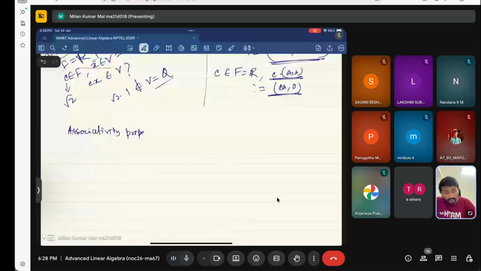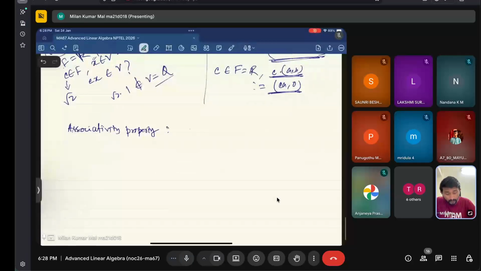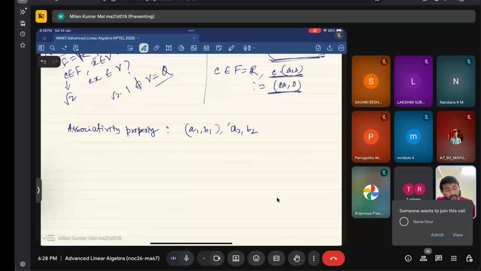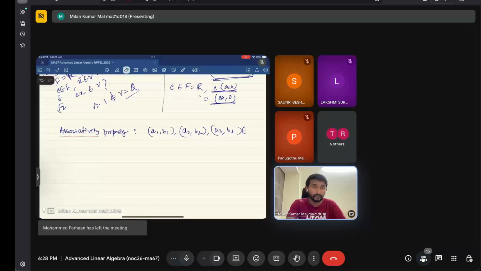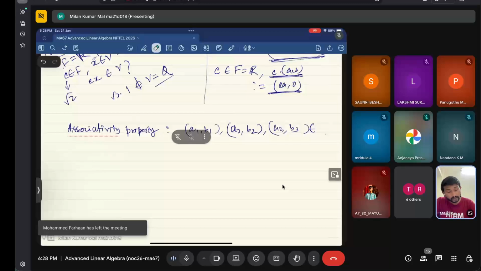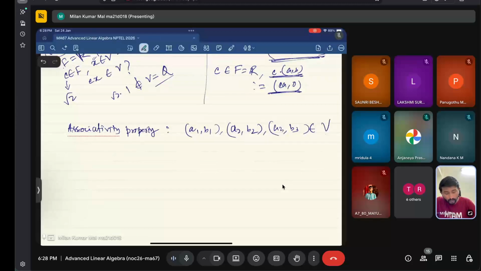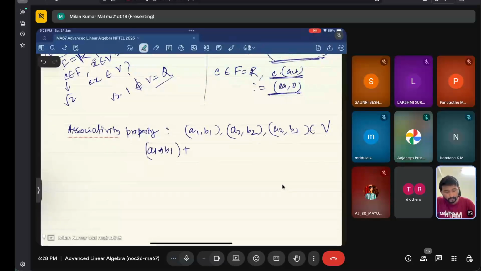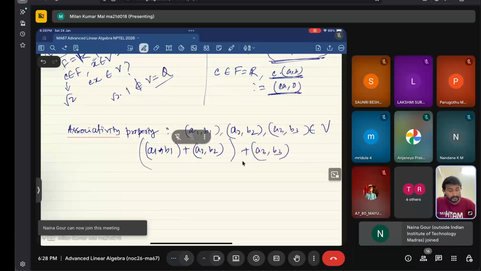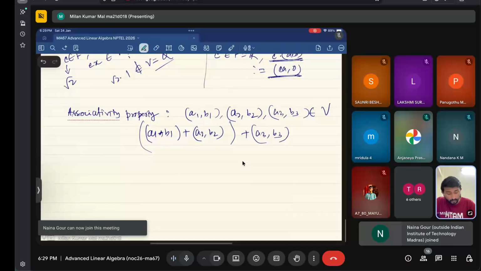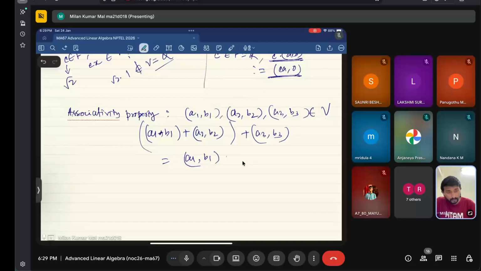It means that if you take three elements (a1, b1), (a2, b2) and another element (a3, b3), suppose three elements you are taking from the set V, associativity means that ((a1, b1) + (a2, b2)) + (a3, b3) is whether the same as (a1, b1) + ((a2, b2) + (a3, b3)).